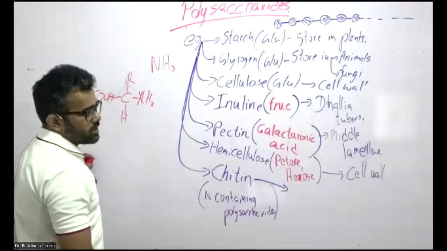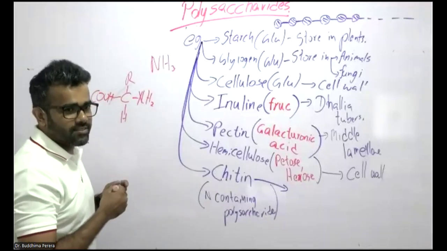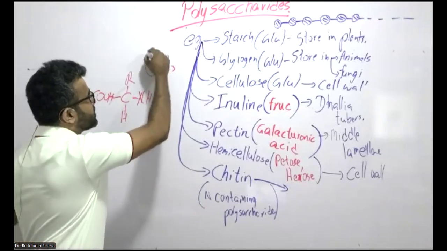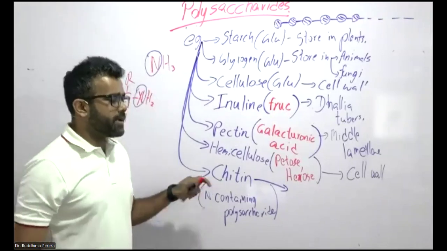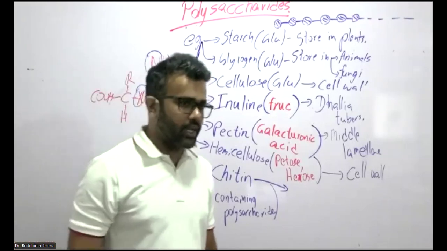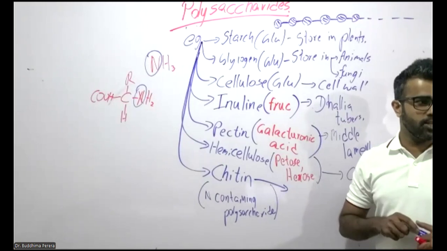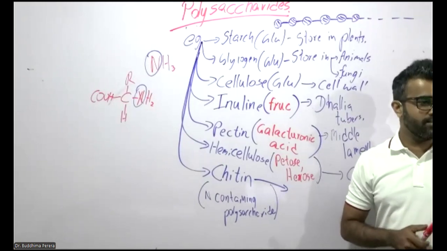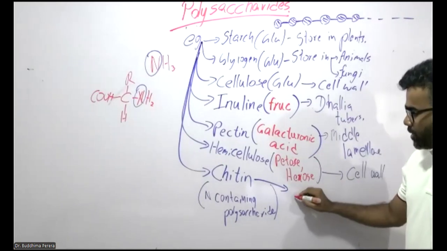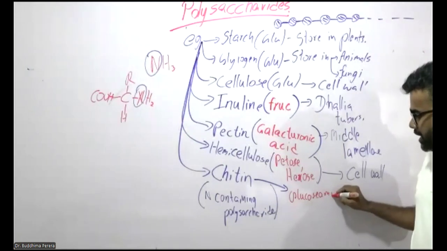Here, amine means there's a nitrogen. All the amines have nitrogen. So the monomer which makes chitin is a nitrogen containing monosaccharide, glucosamine.